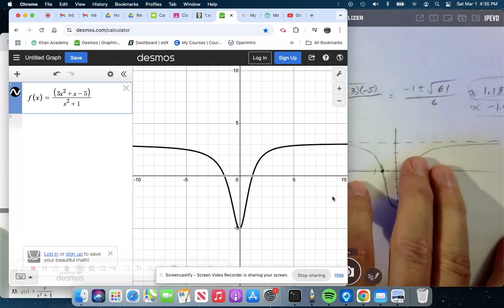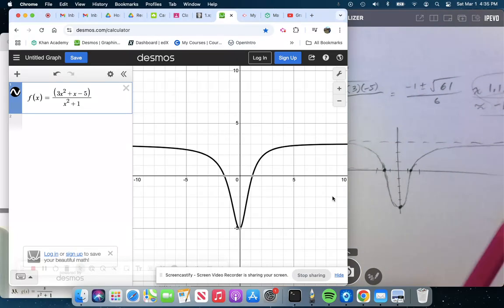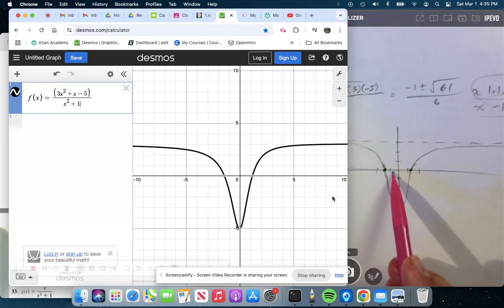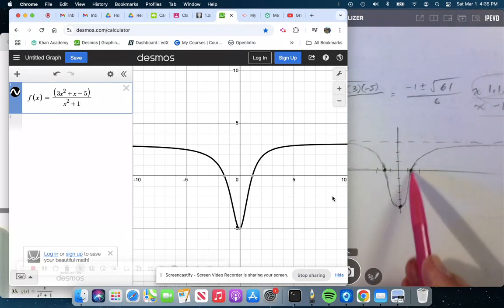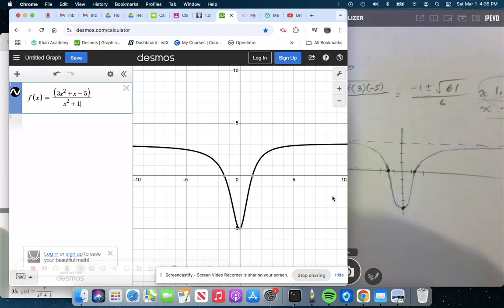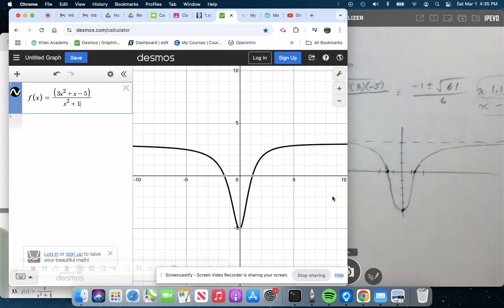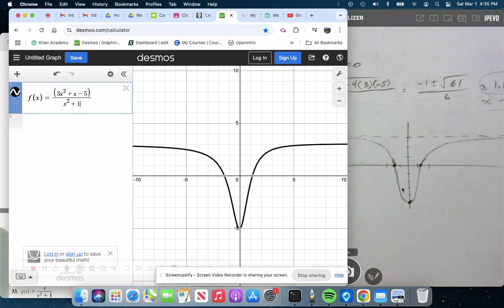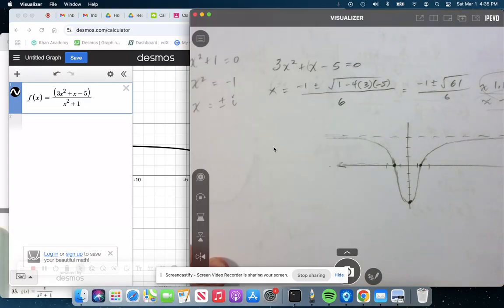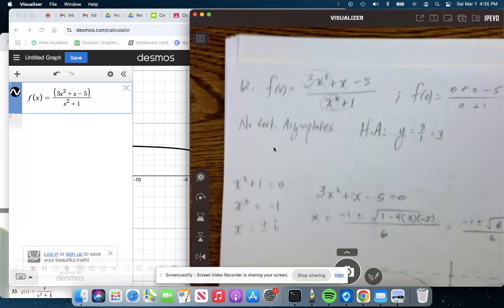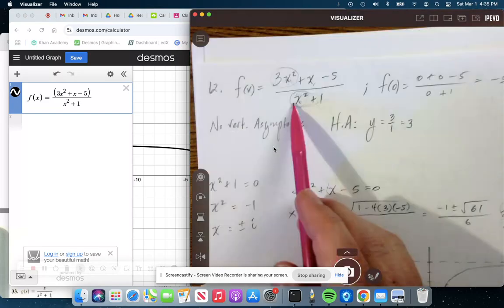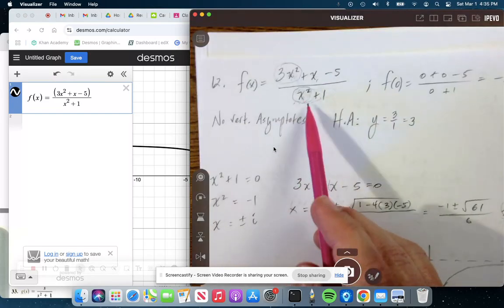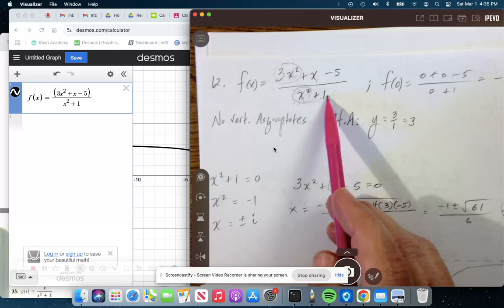Now, since you notice I wasn't sure, what I could have done is pick more numbers in here to get some more points, which would have made it obvious that that's what was going to happen. But that's it. So notice we don't have any holes in the graph because nothing makes the denominator 0, right? If nothing makes the denominator 0, you don't have any vertical asymptotes.